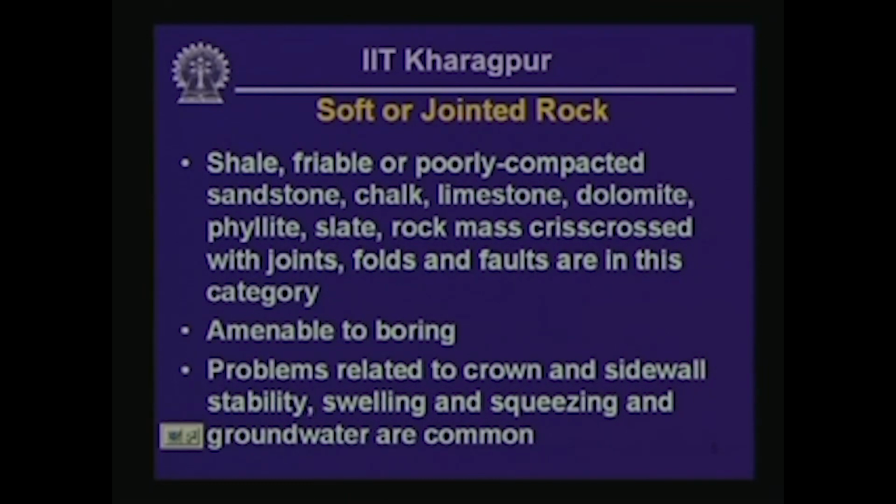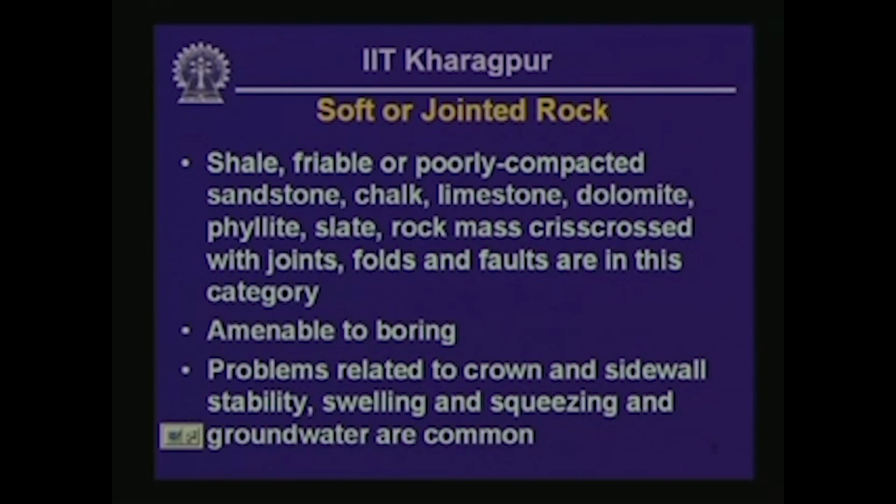So if you take a small piece of friable or poorly compacted sandstone, then under the pressure of your finger, the sandstone is going to crumble. It is so soft. Then chalk is another of those soft or jointed rock species.